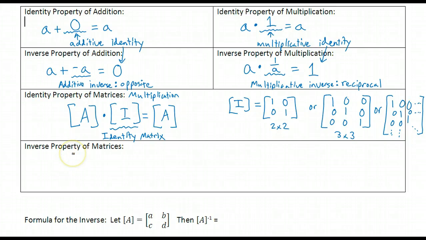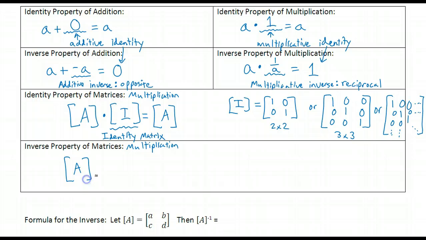The inverse property of matrices. Again, I'm only really going to worry about the multiplication version of this. The additive version isn't too different than the additive version in integers. The inverse property of matrices looks like this.